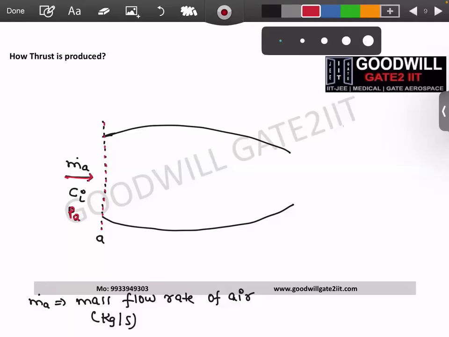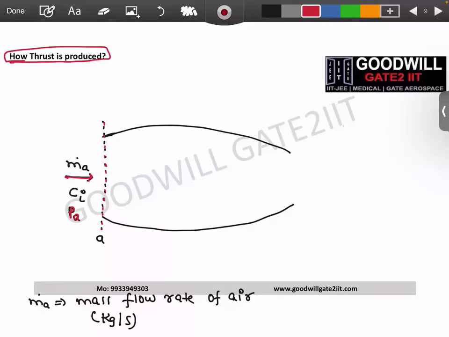So you enter with a pressure of PA, velocity CI, mass flow rate m dot A, and then your engine, depending upon what kind of engine you have, whether it is turbojet, turbofan, turboprop, turboshaft, ramjet, scramjet, any engine, whatever equation I'm developing now is valid for that engine. All right.